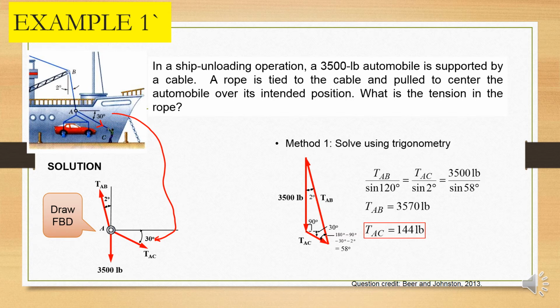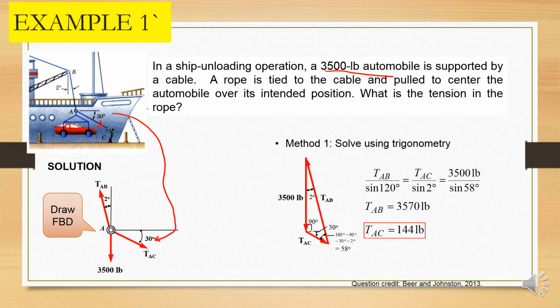This is the second force, and the last one is the weight of the automobile, the weight of the load here, which is 3,500 pounds. The weight is always pointing downward due to the gravity force, so it's just in a vertical direction due to the weight of the body of the automobile.